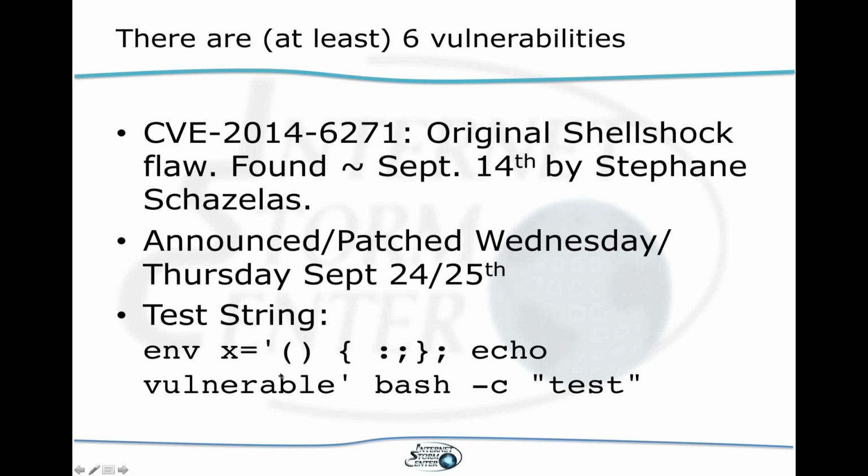I just want to note that parentheses and squiggly braces are actually very characteristic of this exploit. This particular combination of characters is hard-coded into Bash as being indicative of trying to export functions in an environment variable. So this is actually a feature in Bash.